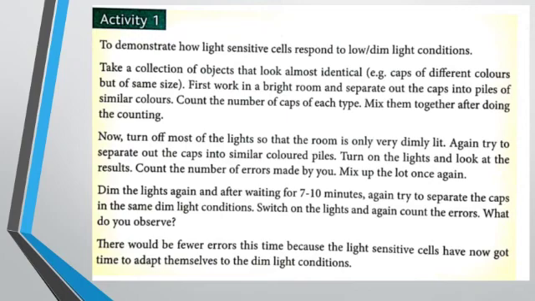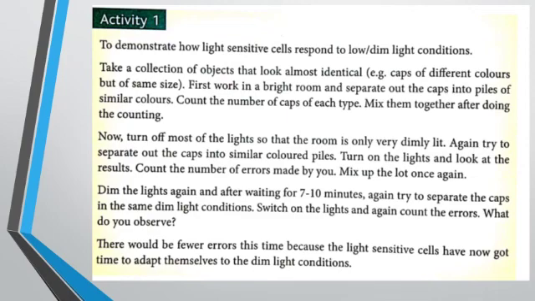Next time, mix the lot once again, then dim the lights again and wait for 7 to 10 minutes. Again try to separate the caps in the same dim light condition. Switch on the lights and again count the errors. What do you observe? This time the errors are fewer, because the light sensitive cells get time to become active in dim light conditions.